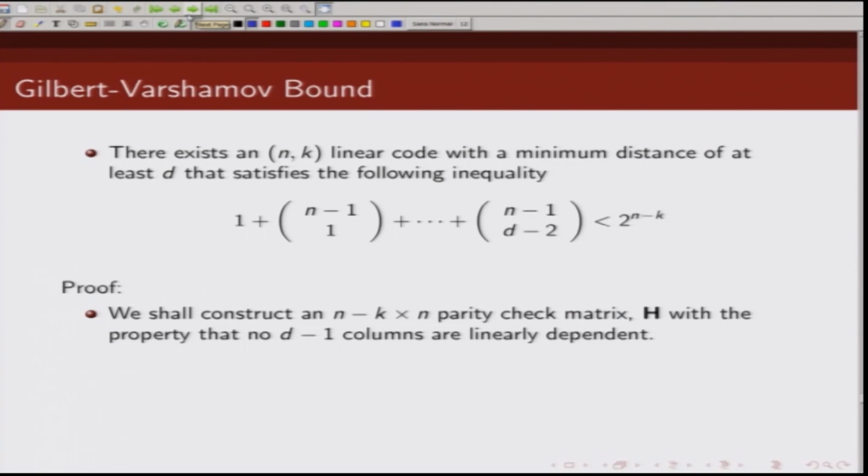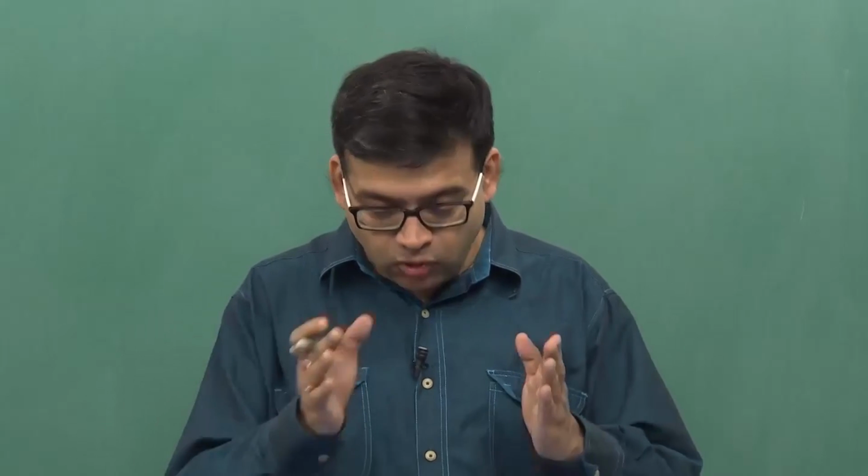So, let us prove this result. We know how the minimum distance of a code is related to the columns of the parity check matrix. Now, if the minimum distance is at least d, then we know d minus 1 columns are linearly independent. So, no combination of d minus 1 columns of this parity check matrix will be linearly dependent.